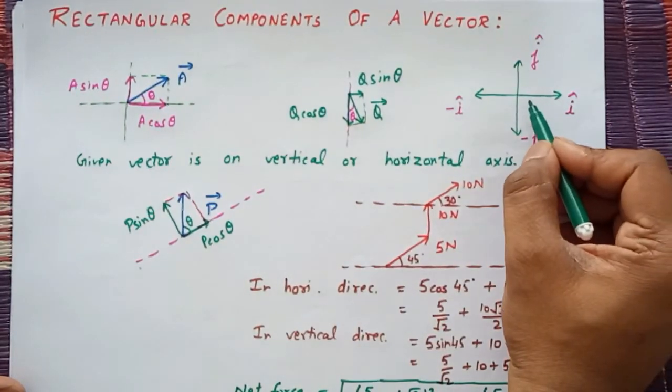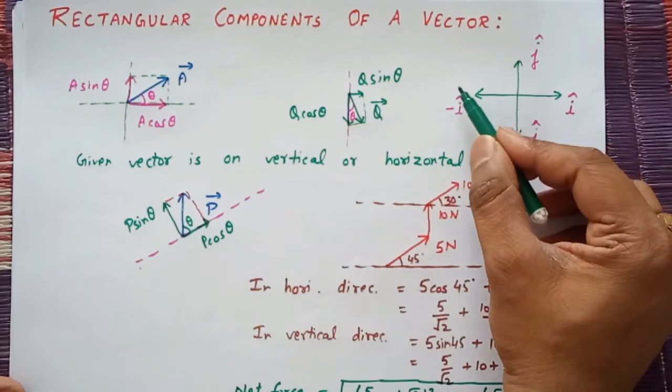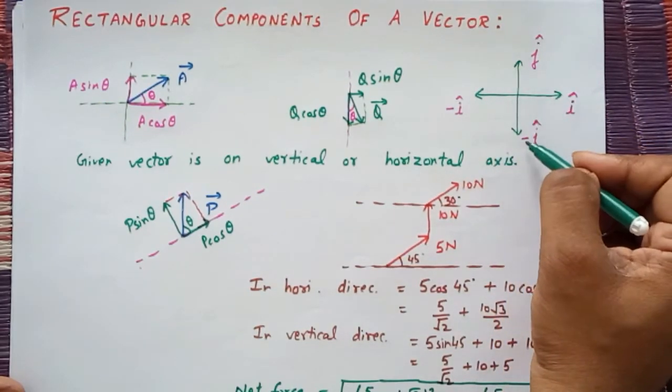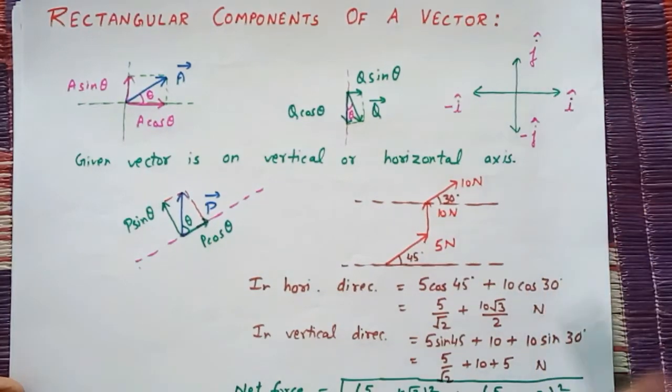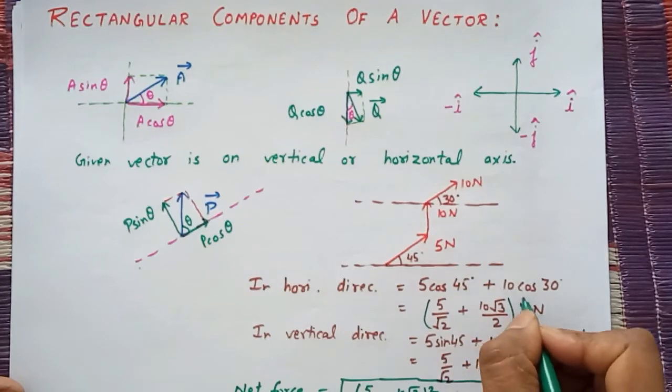Generally, we consider the positive x-axis as I cap, the negative x-axis as minus I cap, the positive y-axis as j cap, and the negative y-axis as minus j cap. So I can write this one as 5 by root 2 plus 10 root 3 by 2, whole, I cap also. Why?